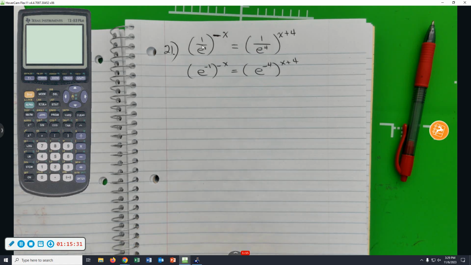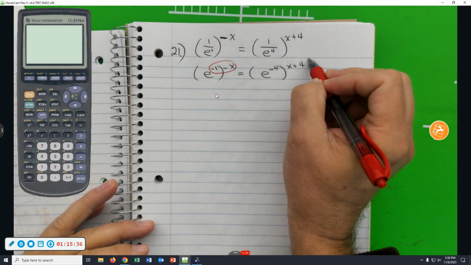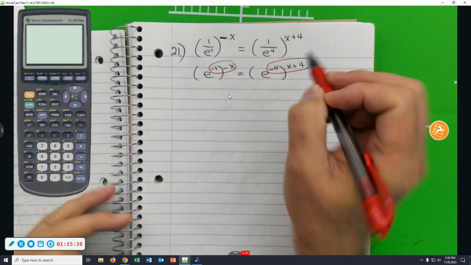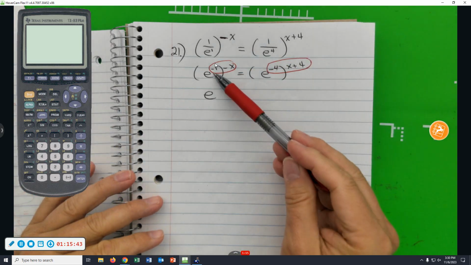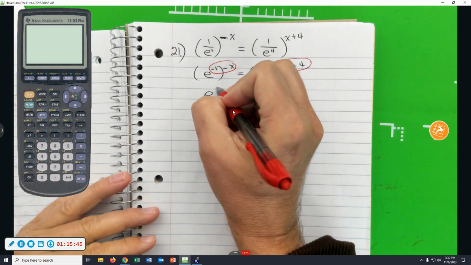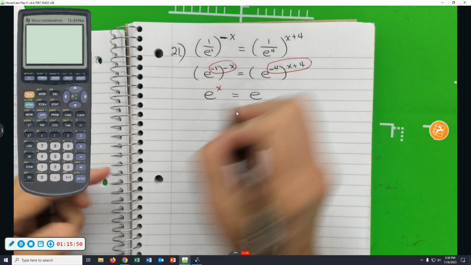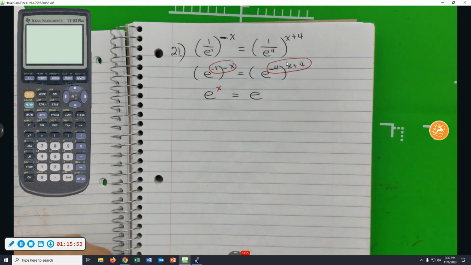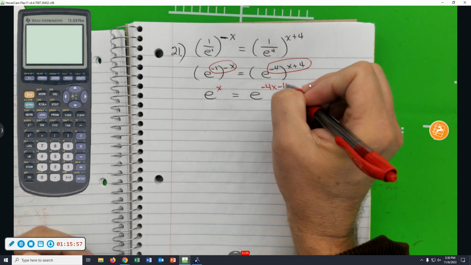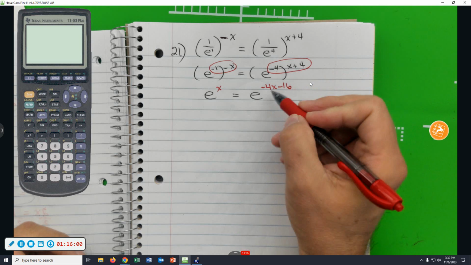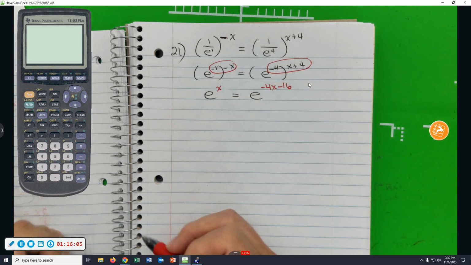And now we have powers raised to a power. Power raised to a power, what are we going to have to do? Distribute. So that's e to the negative 1 times negative x. It's just x equals e to the, what are we going to have here? Negative 4x minus 16. I agree. Negative 4 times x is negative 4x. Negative 4 times positive 4 is a minus 16.